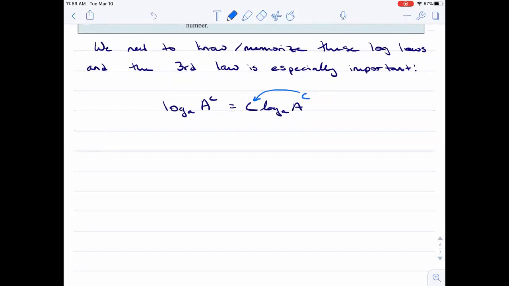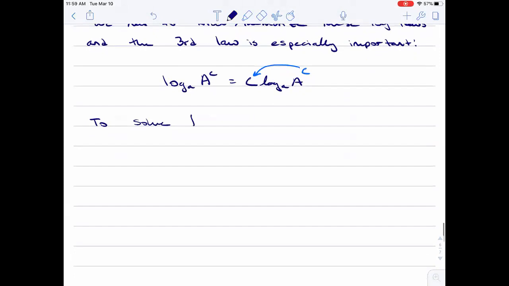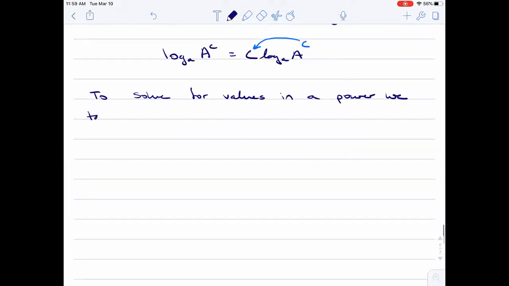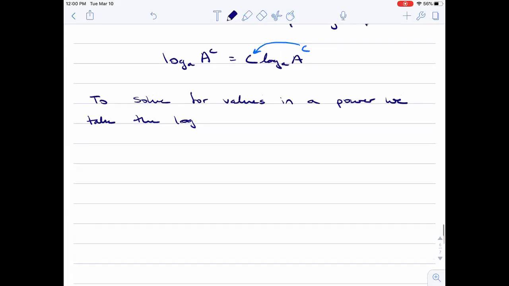To solve for values in a power, we take the log to bring the power, quote unquote, down.